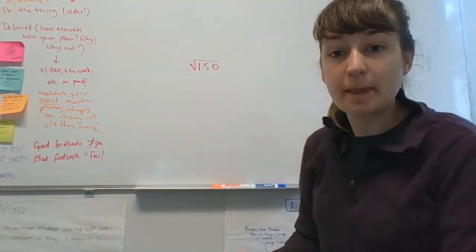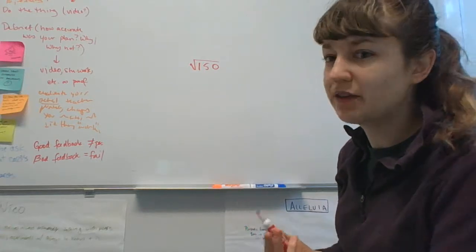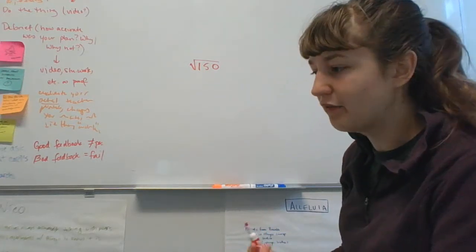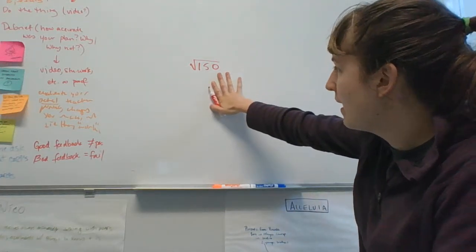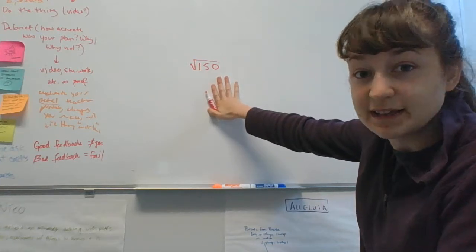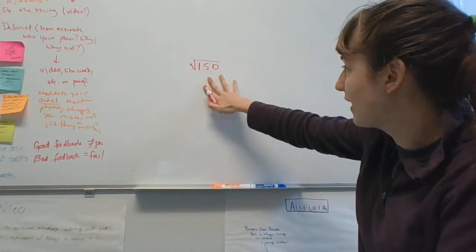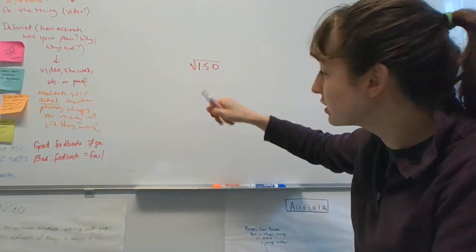So usually, the way I was taught how to simplify radicals is a system that involves a lot of intuition and a lot of logical leaps. So you're supposed to be able to look at this square root of 150 and think, okay, can I simplify this? Is there a perfect square that factors into 150? And be able to think, oh, I know 25 is a perfect square.